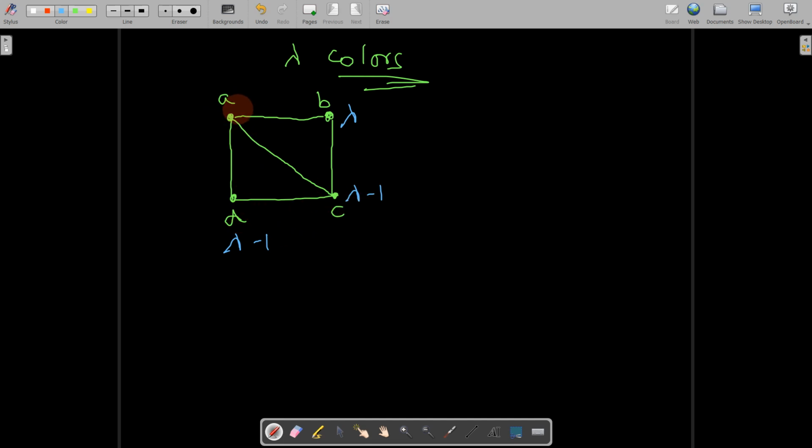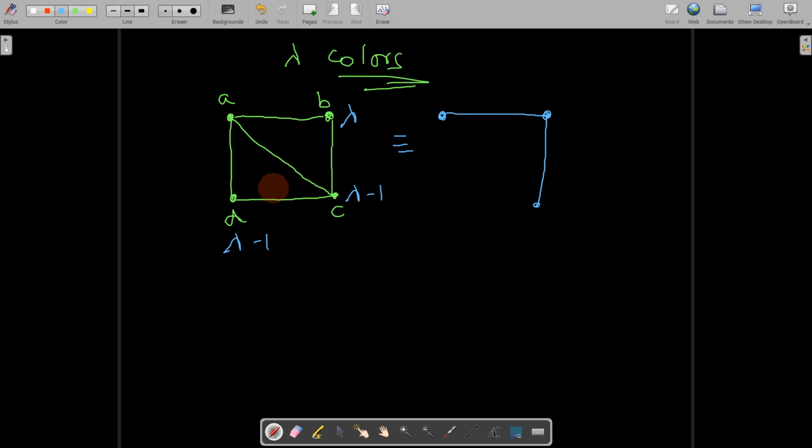Now what about A? B has been assigned a color, C has been assigned a color, D has been assigned a color. But B and D are not adjacent, so there can be two possible cases. B and D can be of the same color, or B and D can be of different colors. Suppose B and D have different colors.